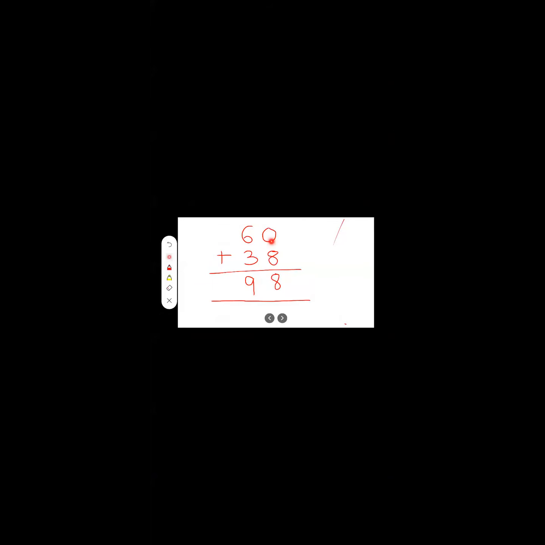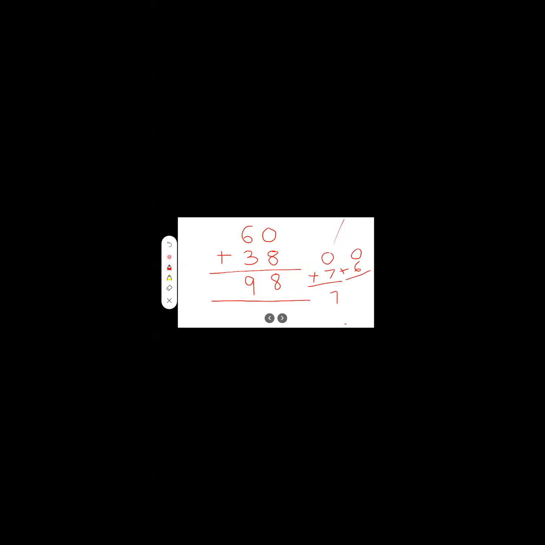See. 60 plus 38. 0 plus 8 is equal to 8. Why 8? Always when we add any number with 0, that number will only be the answer. Suppose 0 plus 7. What will be the answer? 7. 0 plus 6.